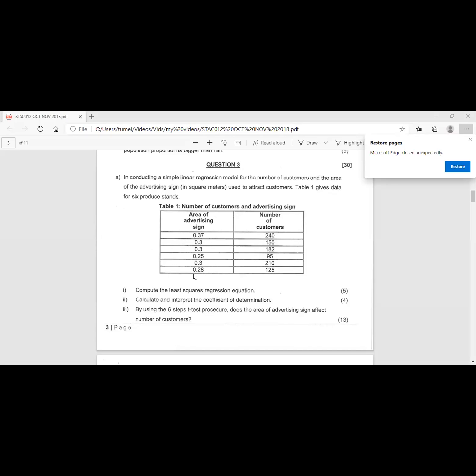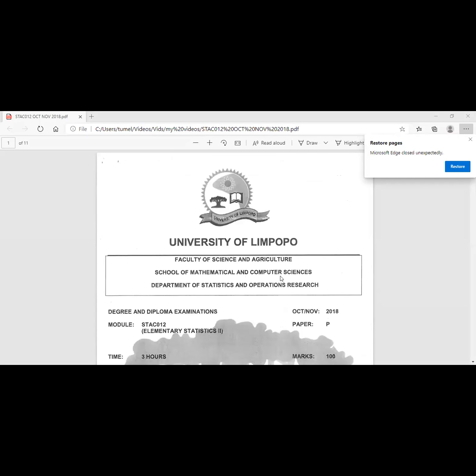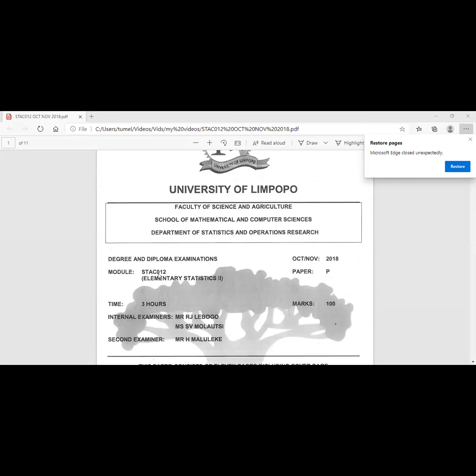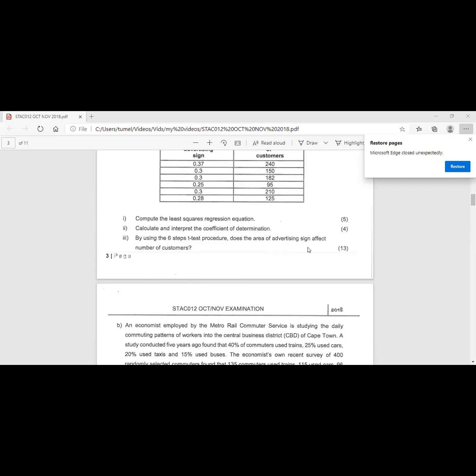So I taught you this one. It had 9 marks, and we spent 2 hours to solve it. It wasn't really 9 marks, because in the exam there will be a lot of marks. This one was allocated fewer marks, because like I said, this module is not yours. You see, it's text 012. The students who are doing text 012 are doing a lot of things, so that is why they end up allocating fewer marks to some of these topics.